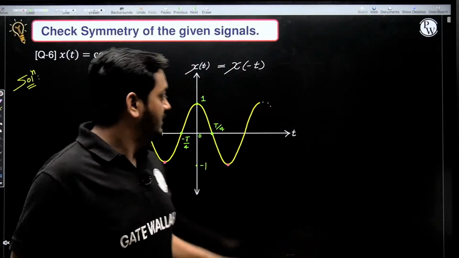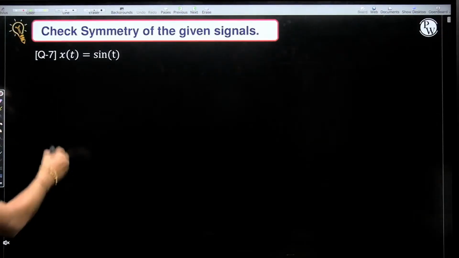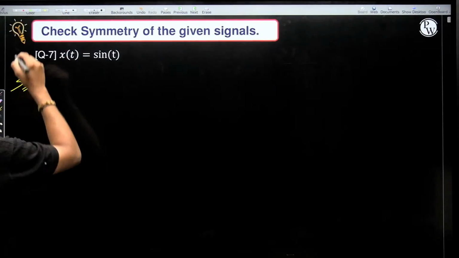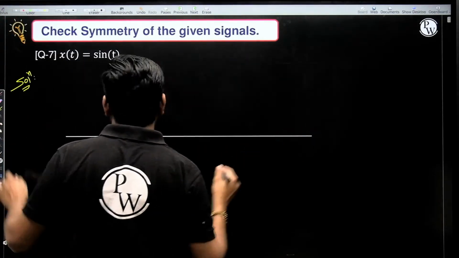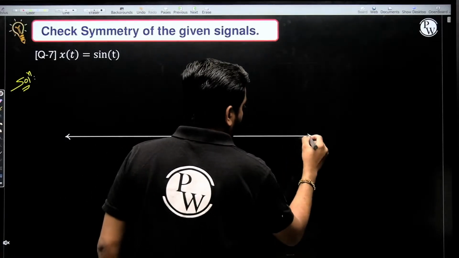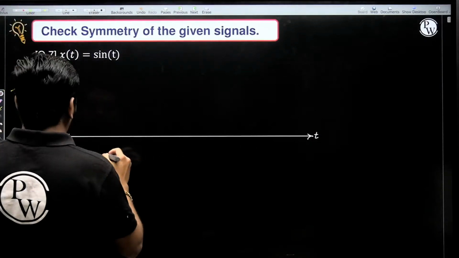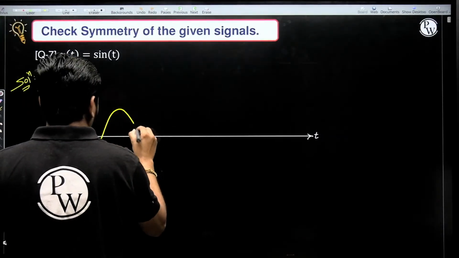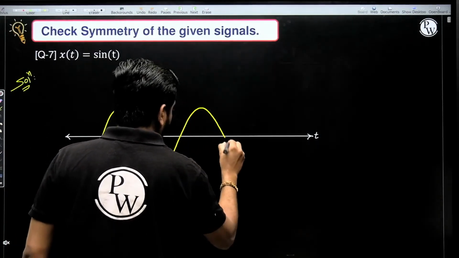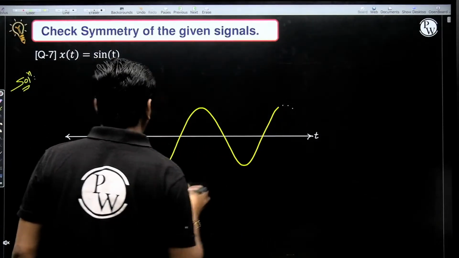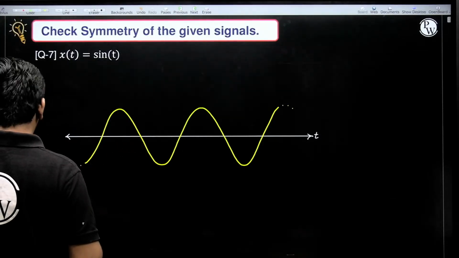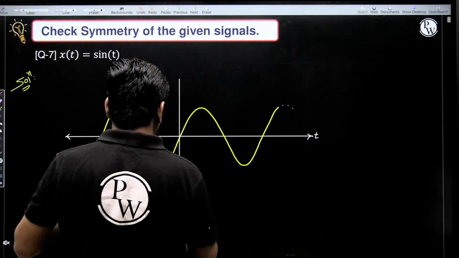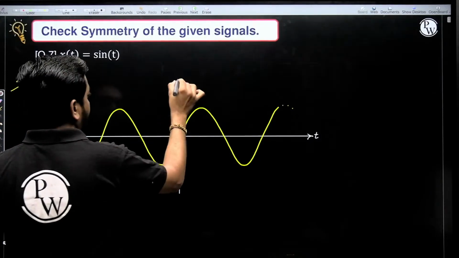Now next, similarly sin t. Sin function. Here again graphically, the sinusoidal function is an odd function.